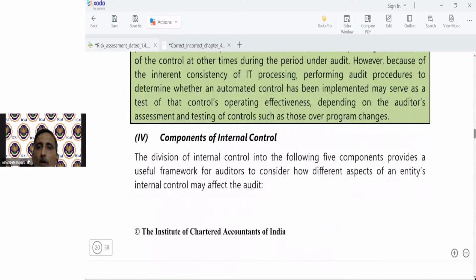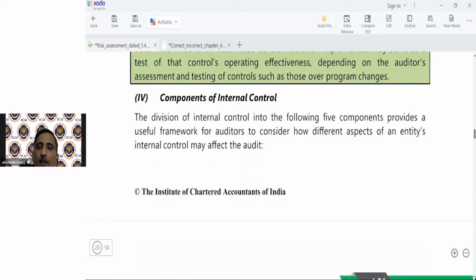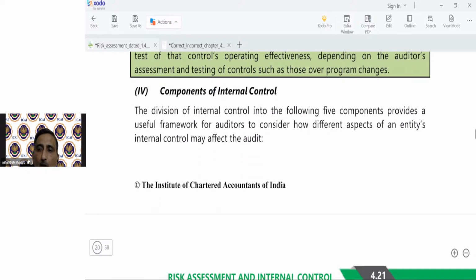Now we come to components of internal control. Students, you have to understand that there are 5 components of internal control. So how many components are there? 5 components.